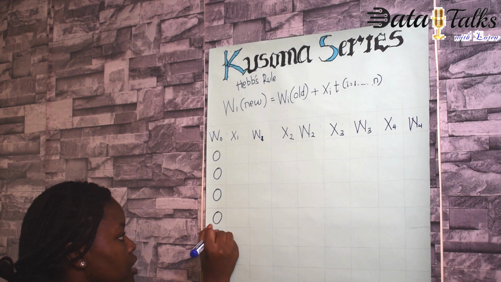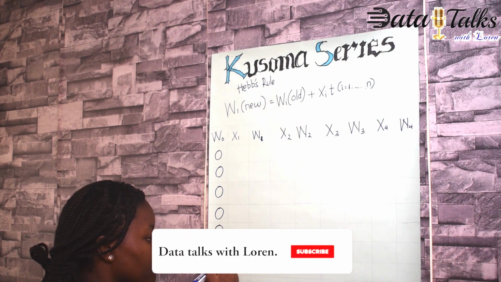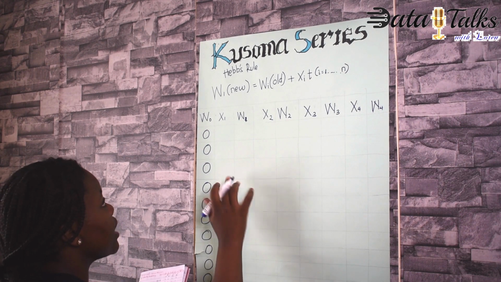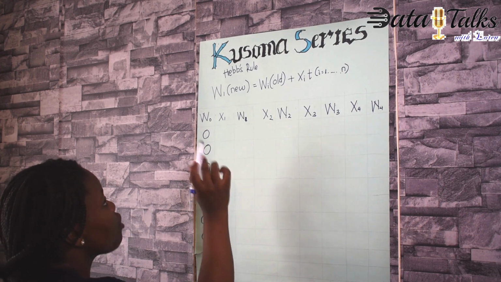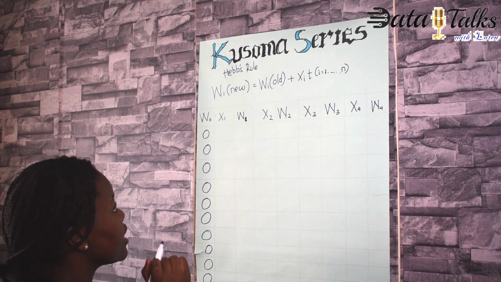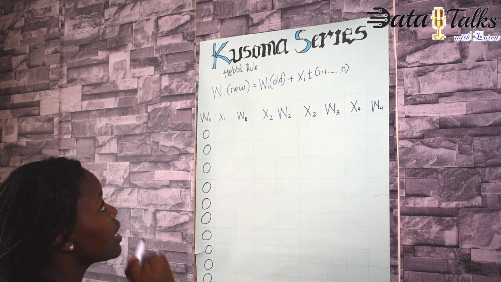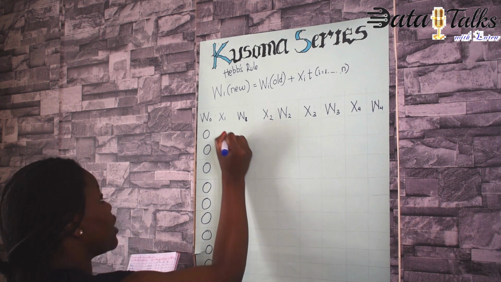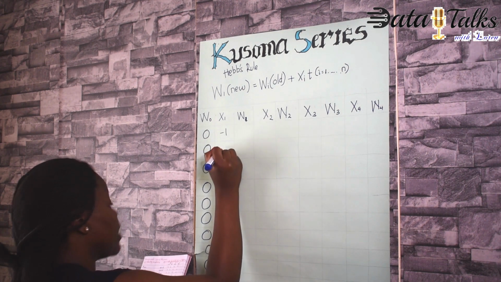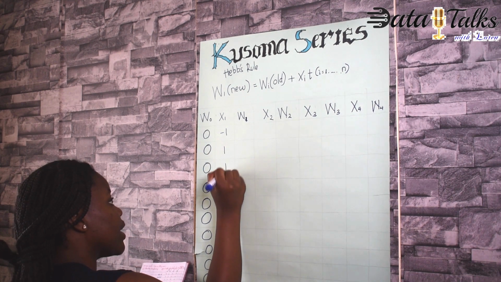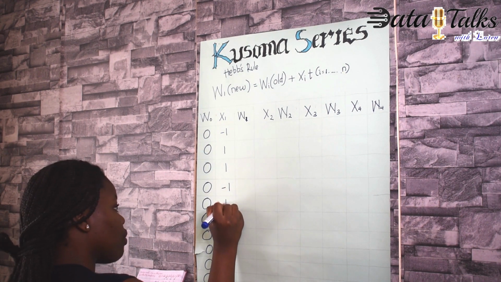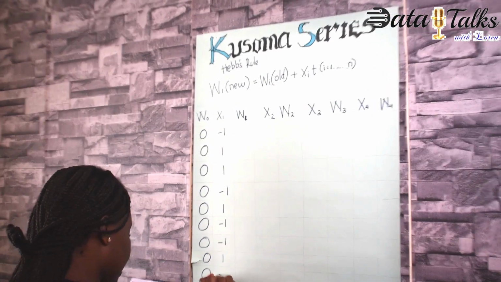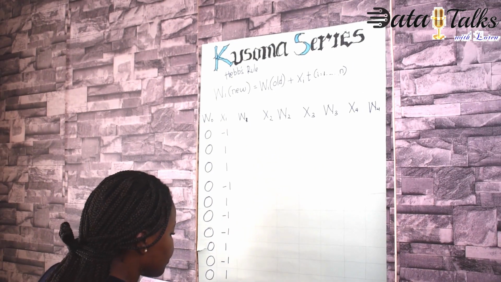So they all begin at 0. Calculating the value of x1: x1 was set 1, which was positive, so it was the values of set 1 times positive 1. The first value will remain negative 1, 1, 1, negative 1, 1, negative 1, negative 1, 1, negative 1, 1, negative 1.